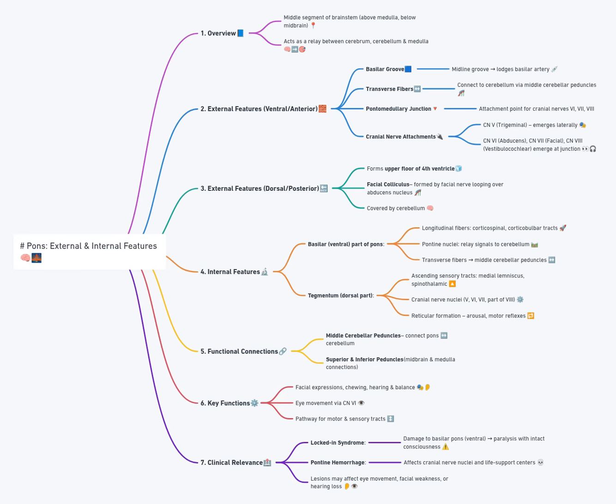Shifting to the dorsal surface of the pons, it contributes to the floor of the fourth ventricle. The floor of the fourth ventricle is diamond-shaped and is divided into symmetrical halves by the median sulcus. On each side of this sulcus, you'll see the medial eminence, which is slightly elevated.